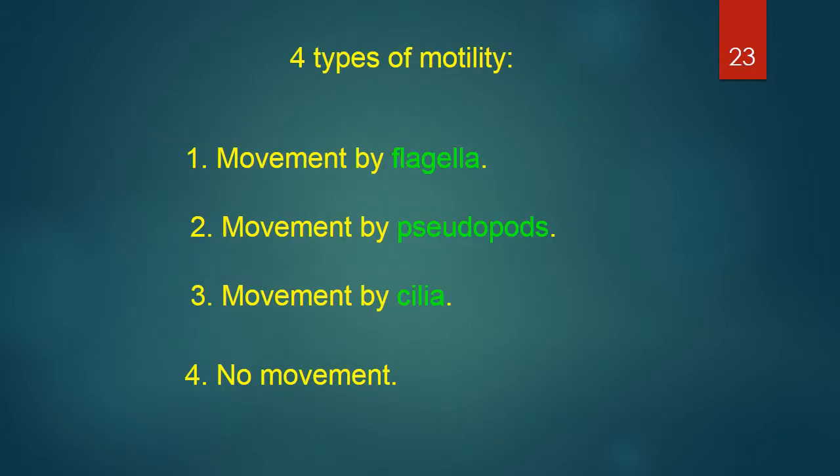So here are the types of motility that are seen within our protozoa, and like I said, this is how we classify them. Movement by flagella, by pseudopods, and by cilia. Remember when we were talking about prokaryotes, we said cilia are only found in eukaryotes, right? So this is where they show up in the protozoa.